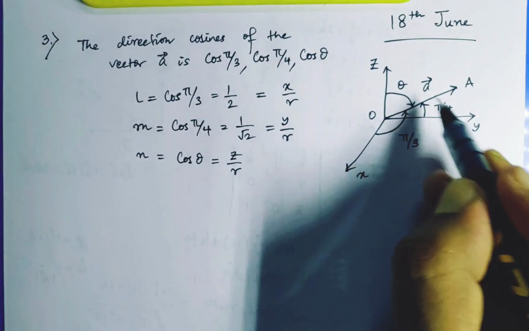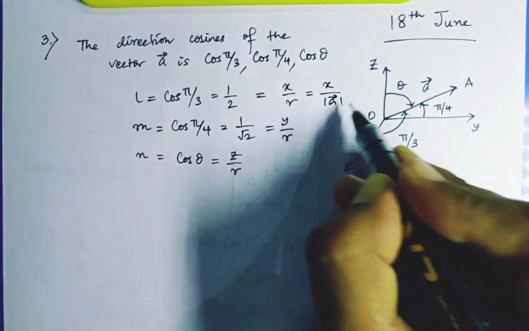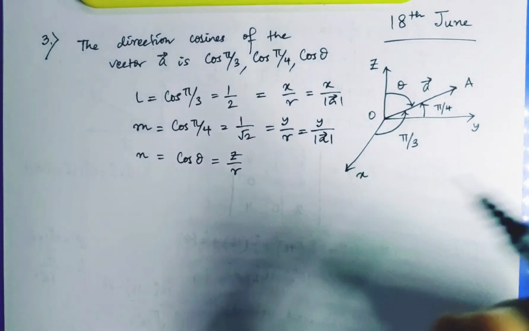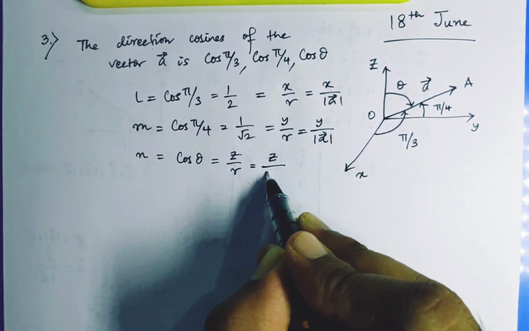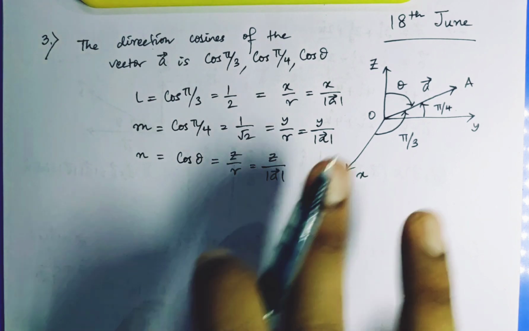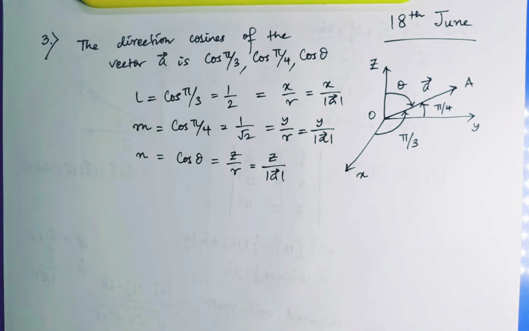So if I have to write in terms of this one, it will be X by mod A is equal to Y by mod A is equal to Z by mod A. Clear? So this is what we had learned in our direction cosine lessons, right?